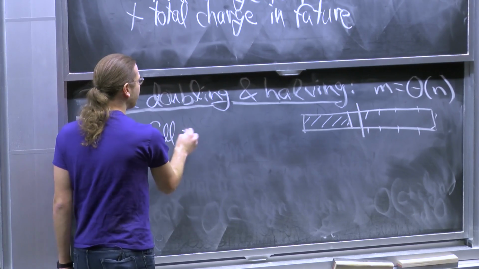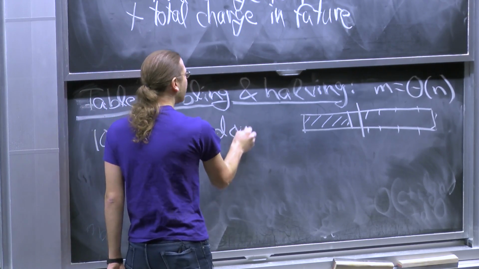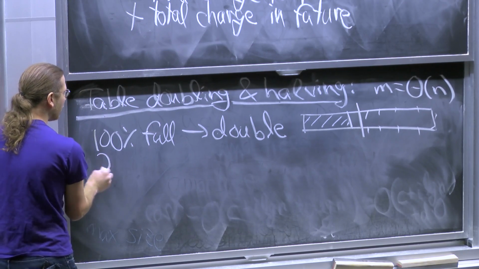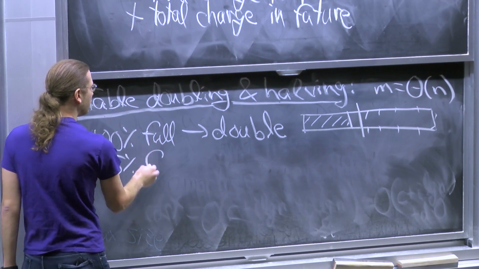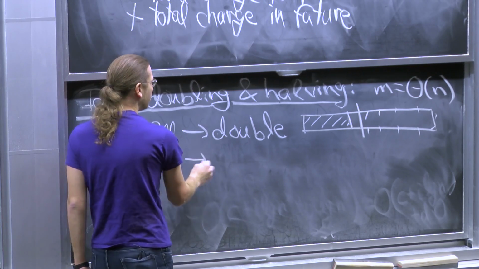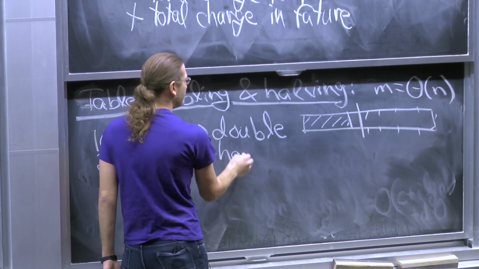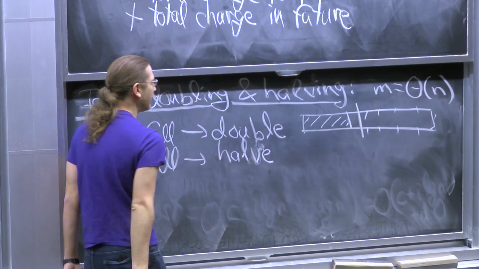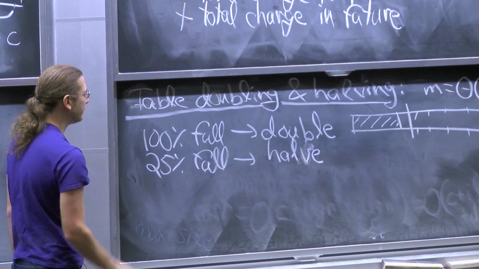So what I'll do is just separate those constants a little bit. When I'm 100% full, I will double. That seems pretty clear. But let's say when I'm a quarter full, then I will halve. Any value less than 50 would work here, but let's have it like that. This will actually work.